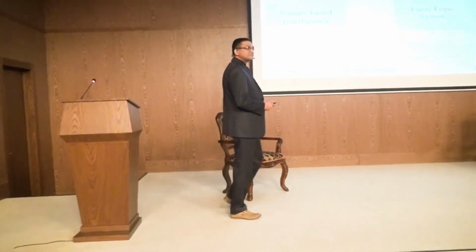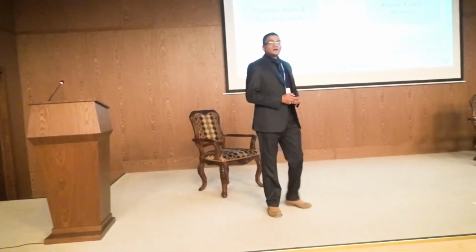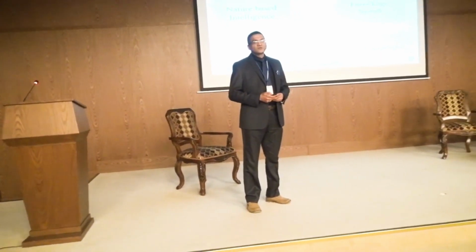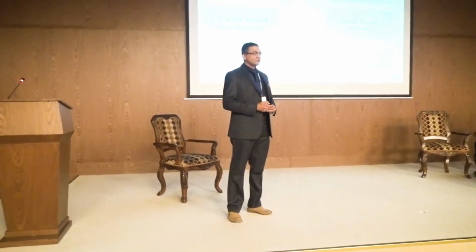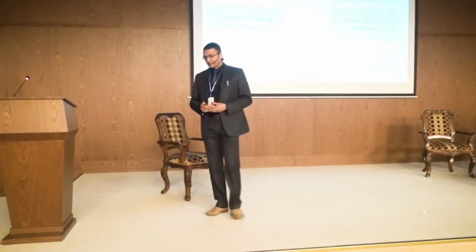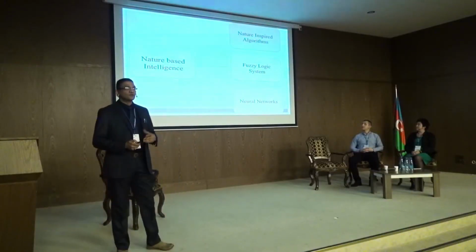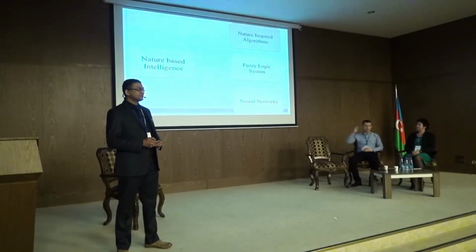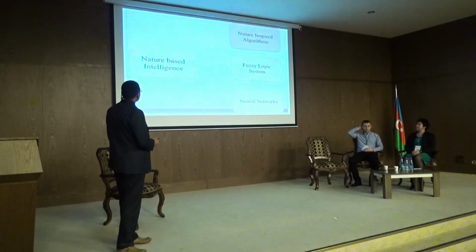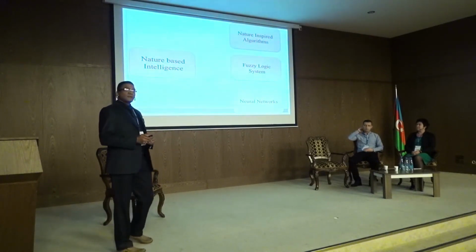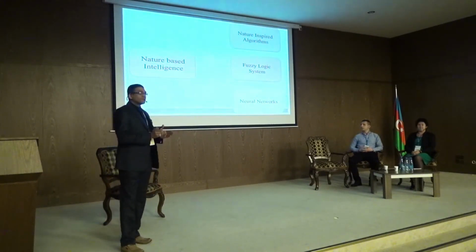So when we talk of nature-inspired computing, we talk of nature-based intelligence, we talk of computational intelligence. These are basically mature branches of artificial intelligence. Both of them have some common features.